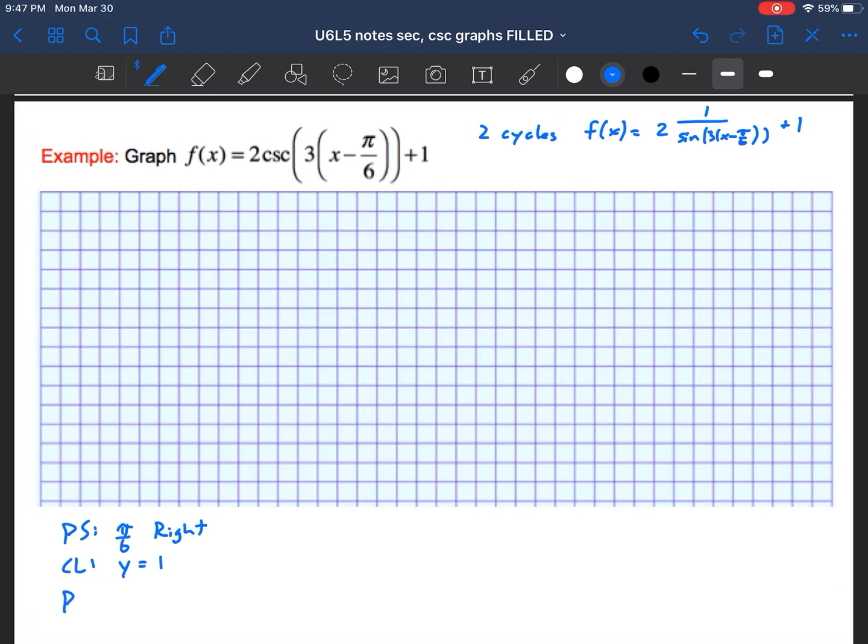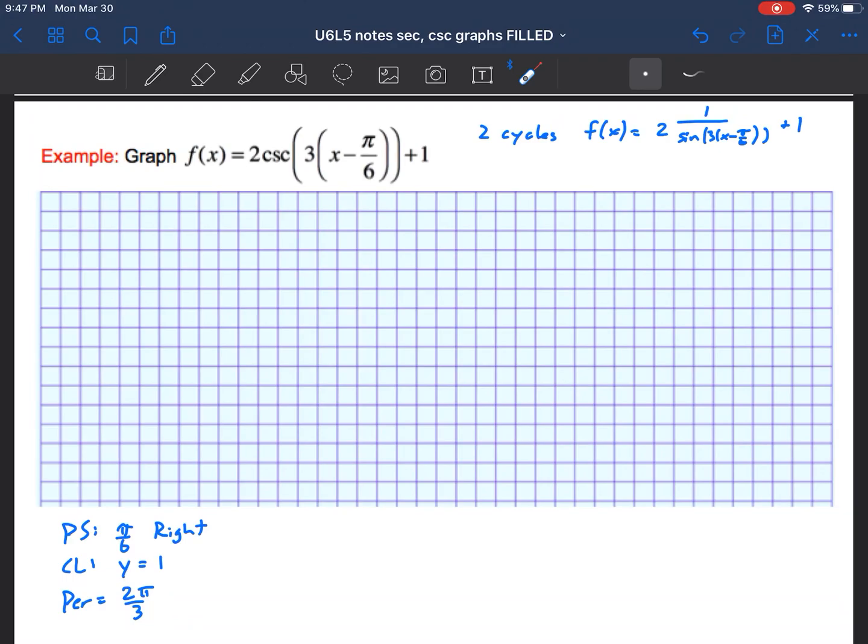The period is equal to 2 pi over 3. We have this 3 multiplying x, which affects the period by compressing the graph horizontally by a factor of 3. So the period used to be 2 pi, now it's 2 pi over 3.